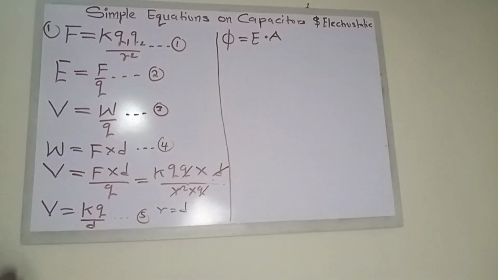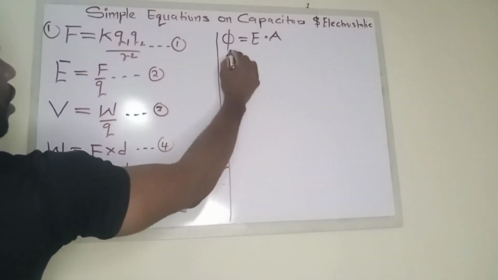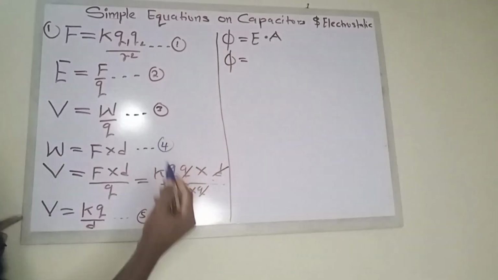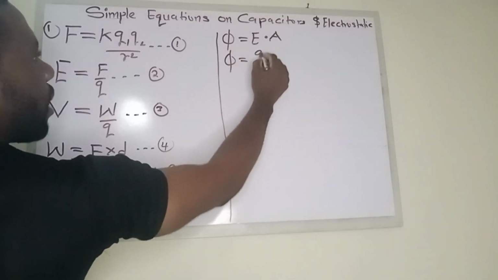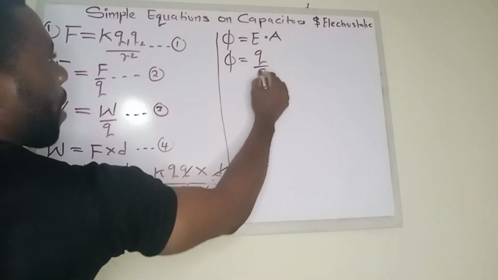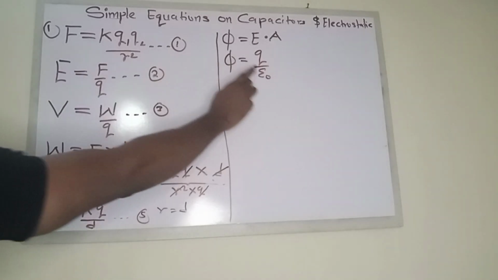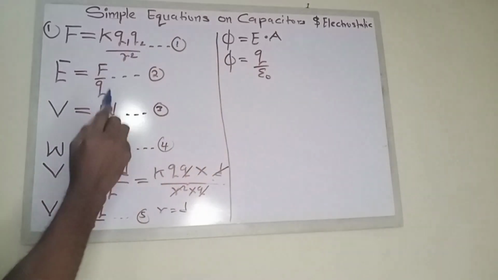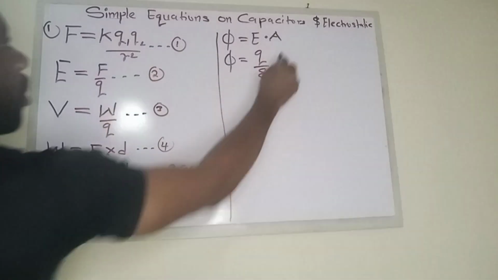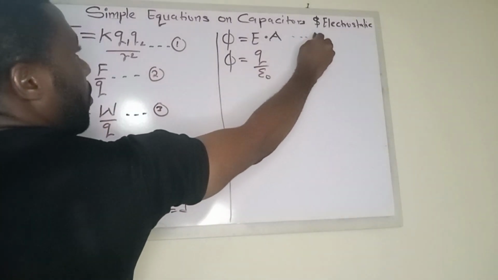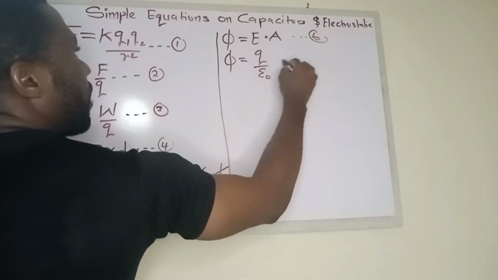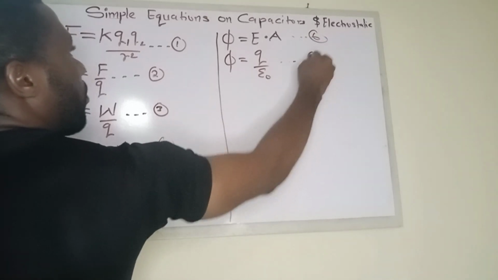And according to Gauss's law, which we talked about in our previous video, electric flux is equal to charge over permittivity naught. This permittivity is also a constant. Let's call this equation 6, and let's call this equation 7.